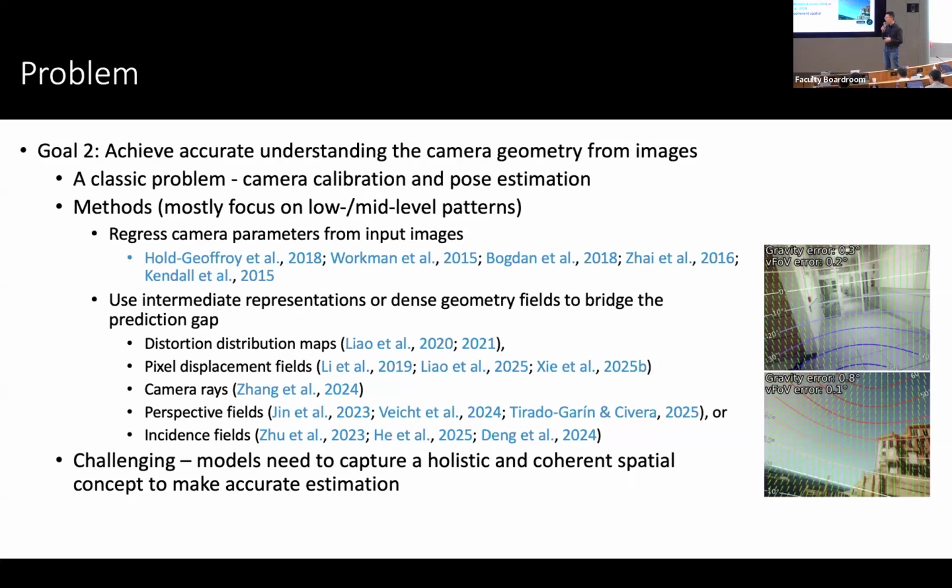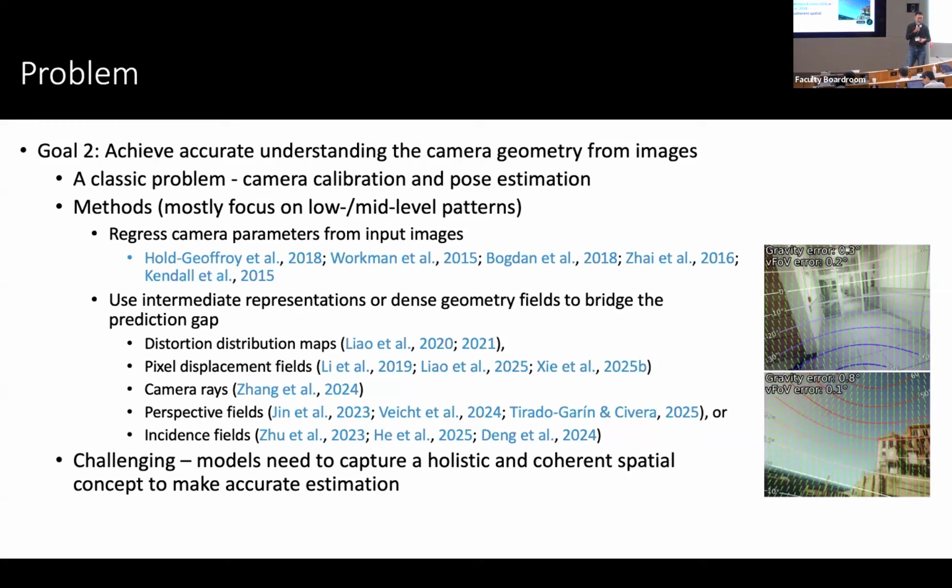For example, you can train a model to regress camera parameters from input images, or you can use intermediate representations or dense geometry fields like distortion maps, camera rays or perspective fields to bridge the prediction gap and make the parameter prediction more accurate.